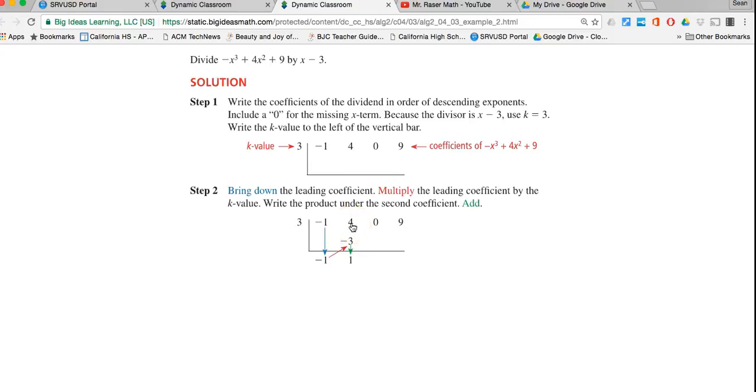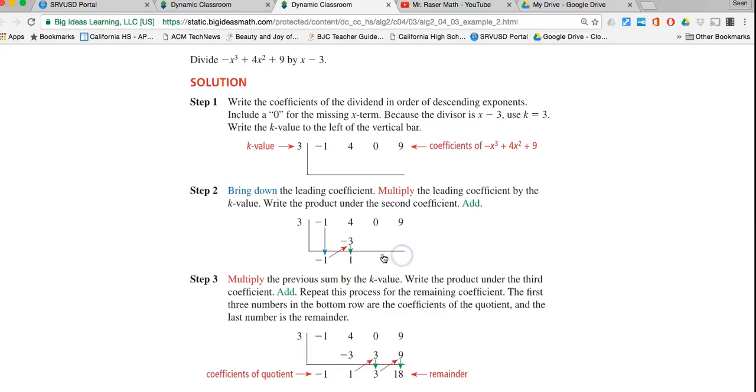We're going to do 4 plus -3, which is 1. Next, 3 times 1 is 3, so we're going to write that up here. Add 0 to 3, and you're going to write 3 here. 3 times 3 is 9. 9 plus 9 is 18.